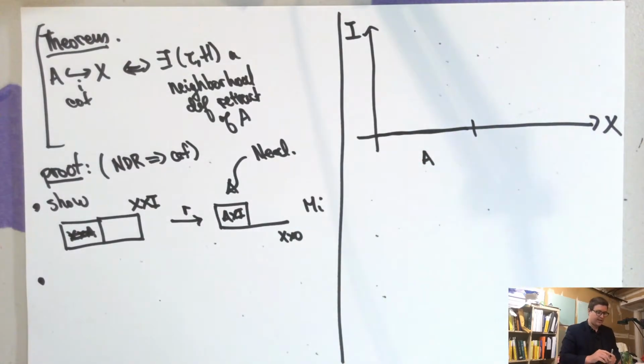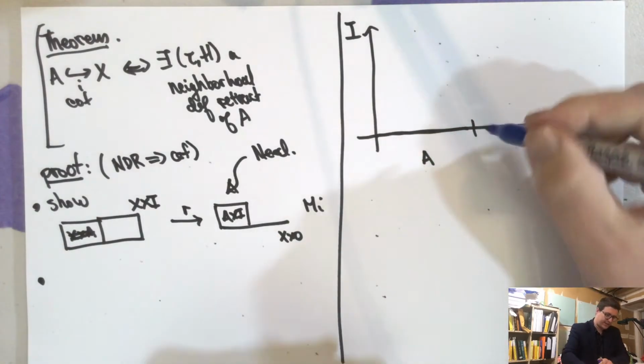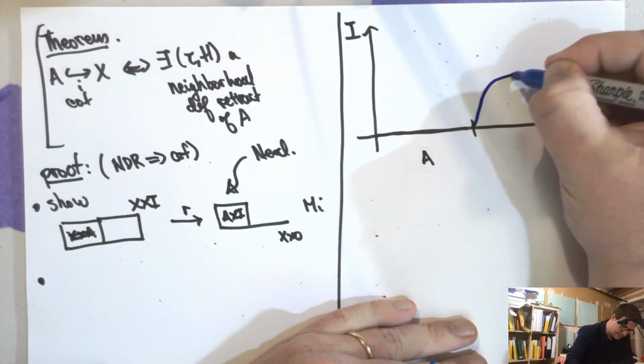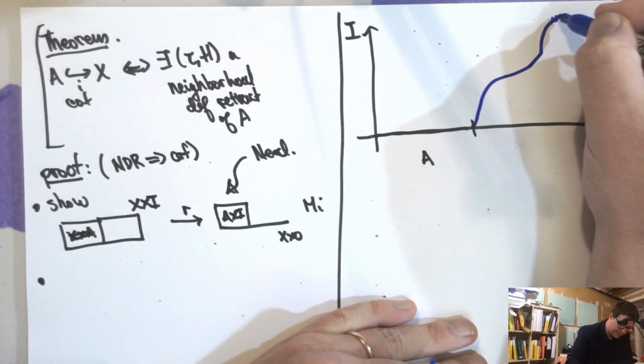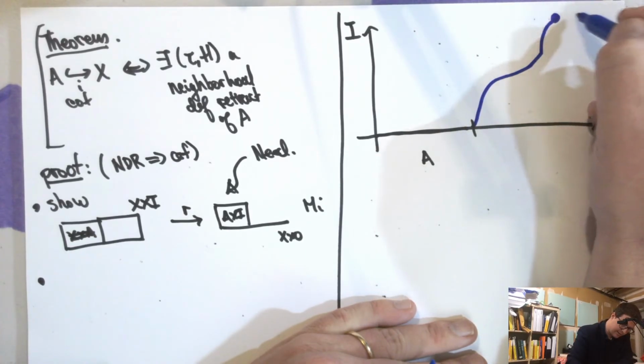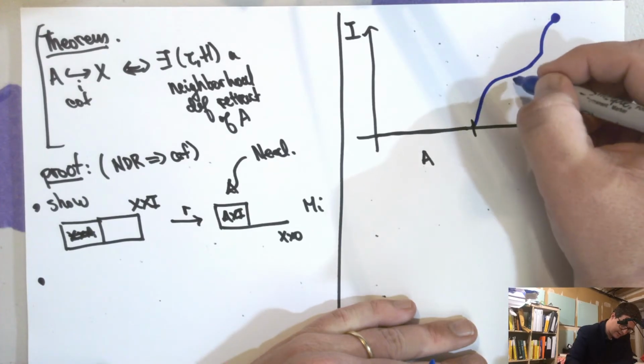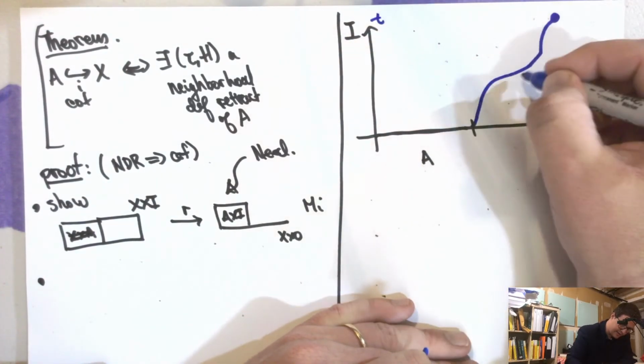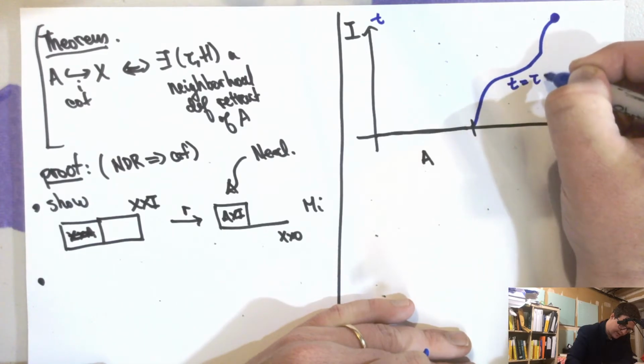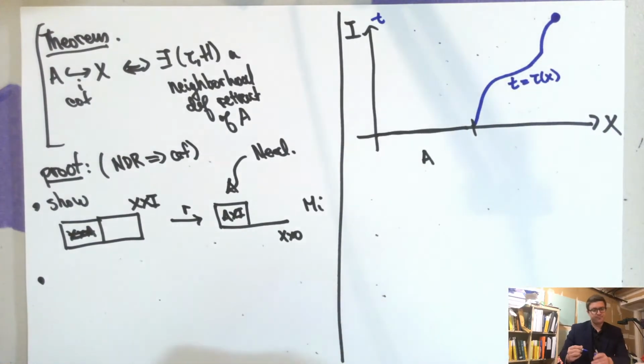Okay, and then we have this time function, and maybe it hits 1 over here. Okay, so if this is the t-axis, this is t equal to tau of x.